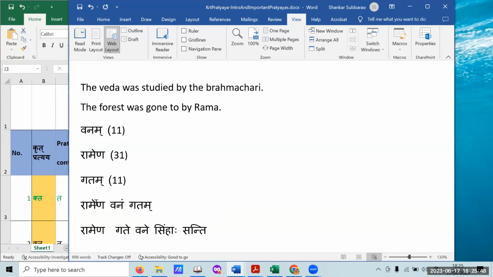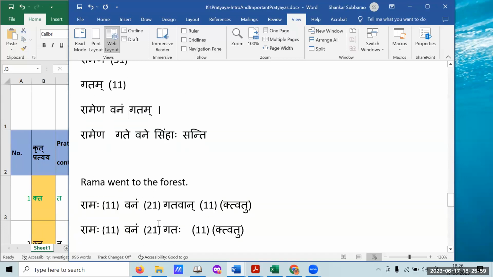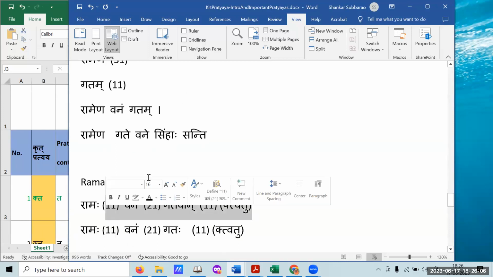This is the first sentence we got, using kta pratyaya in the sense of what? Karmani prayoga. Whereas now we are using it as karta. Therefore, we can get both possibilities. And we use ktavatu. So we have three possibilities.